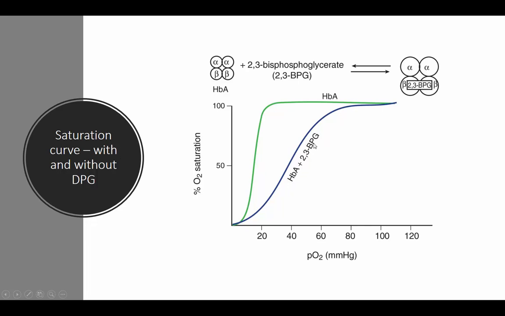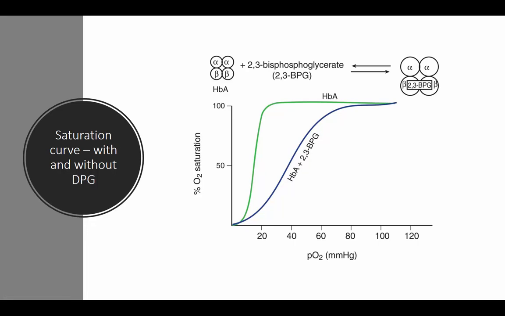But with diphosphoglycerate, we can see that the saturation will happen a lot later. You need a lot higher partial pressure of oxygen if you want to get full saturation of hemoglobin in the presence of this bisphosphoglycerate or diphosphoglycerate molecule.